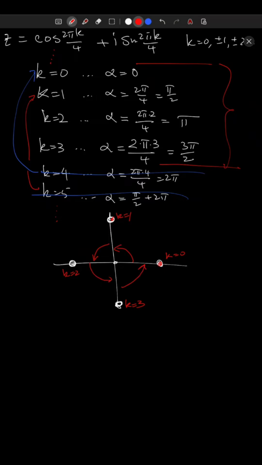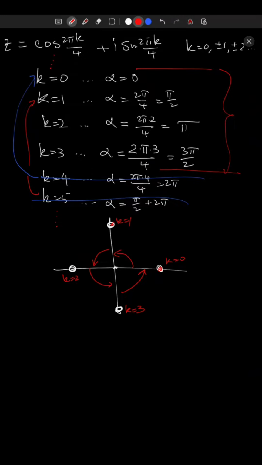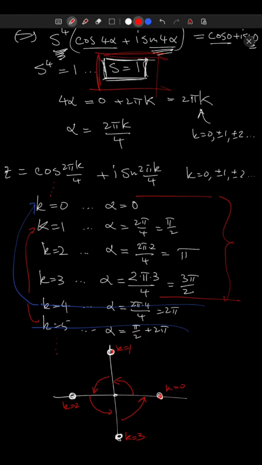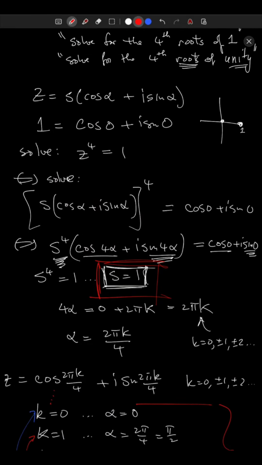All right, and what's significant about pi over 2? Well, pi over 2 is the full circle divided by 4, right? What's significant about 4? We're searching for the 4th root of unity. We're trying to solve z to the 4 is equal to 1, right?